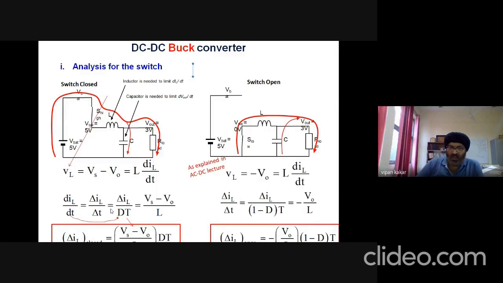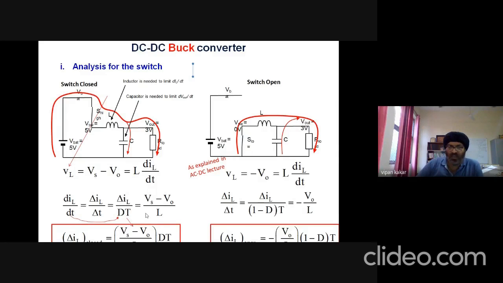So this can be represented as the change in the inductor current with respect to the change in time, which is D multiplied by T. So delta T is the same as D multiplied by T. Here D is the turn on time divided by T, so D multiplied by T is the total turn on time.